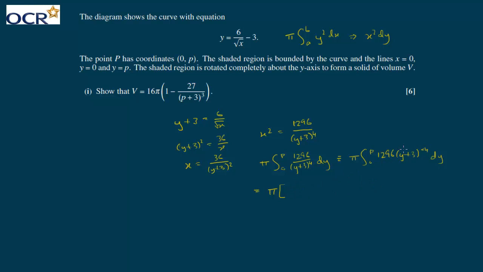So minus 3, we divide this by minus 3, because when you differentiate it again, it'll multiply through. So you get minus 432, which is 1296 divided by minus 3, and y plus 3 to the minus 3. And then the limits between 0 and p.